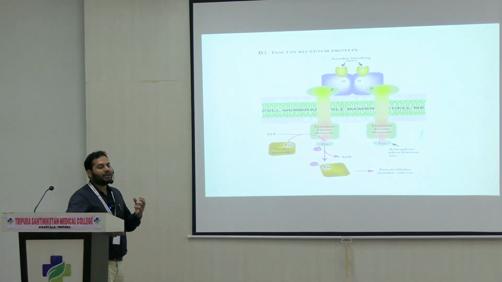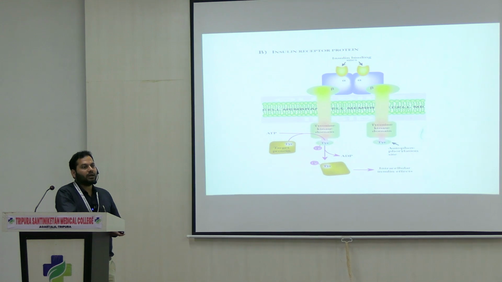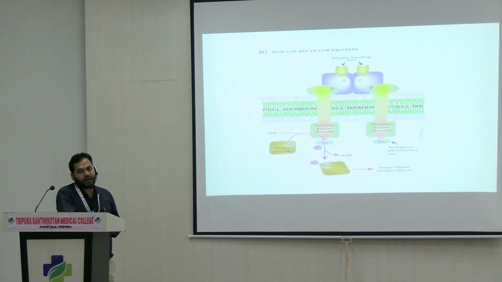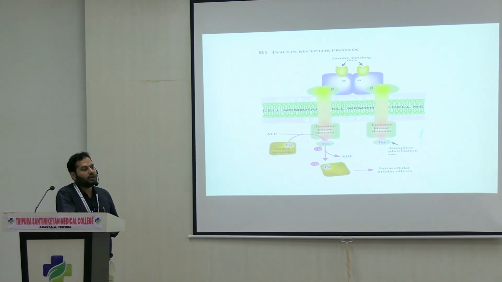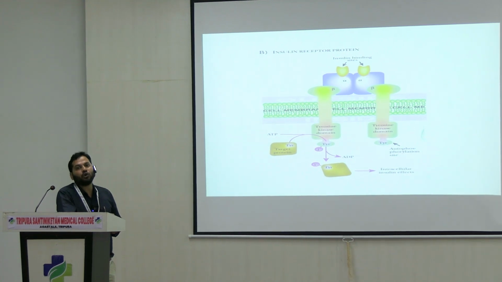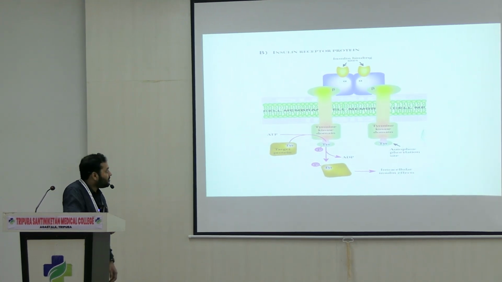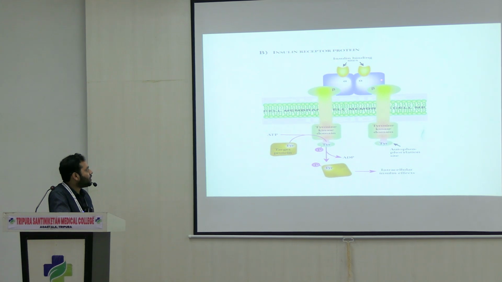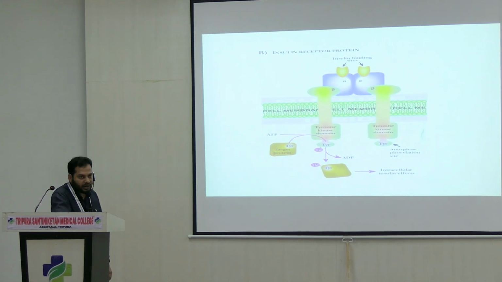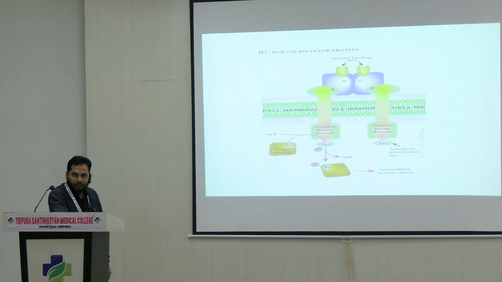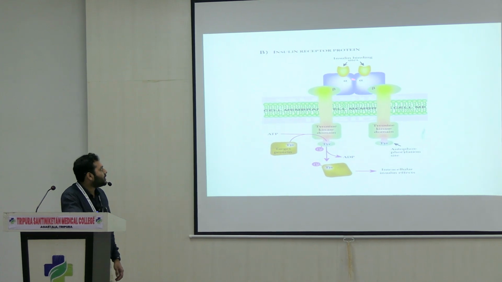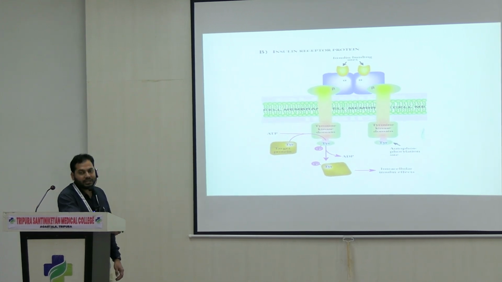It also has another property: an autocatalytic property. So what are the features of these receptors? Obviously, like other receptors, it is present in the cell membrane. It is composed of subunits. The most important subunits are the alpha subunits and beta subunits.